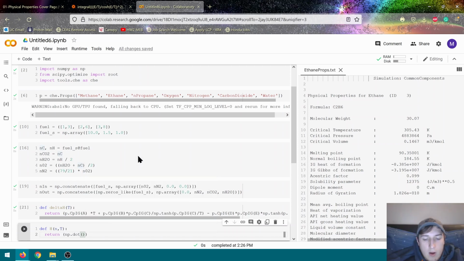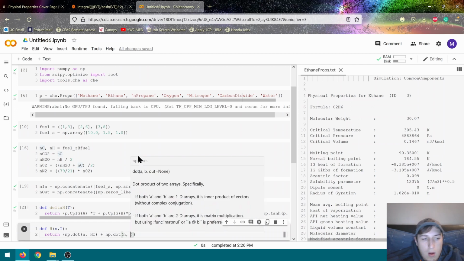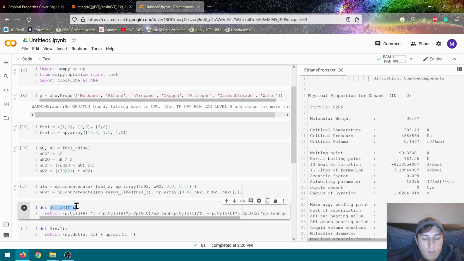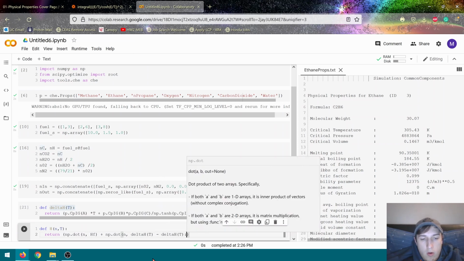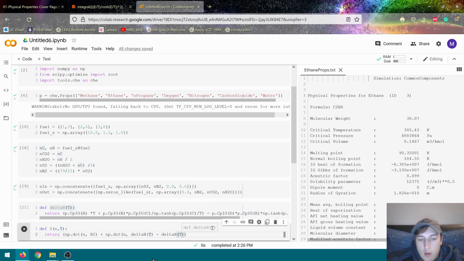We're going to find that as N and HF, and we are going to add to that np.dot again, N and our equation here, minus our change at 298.